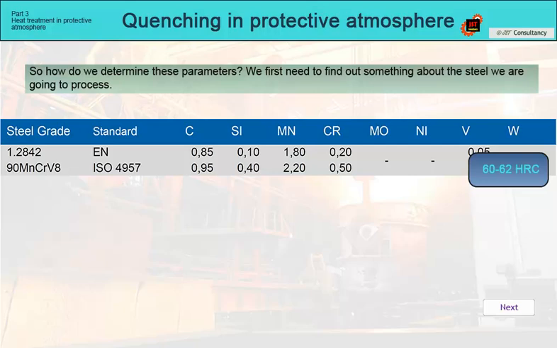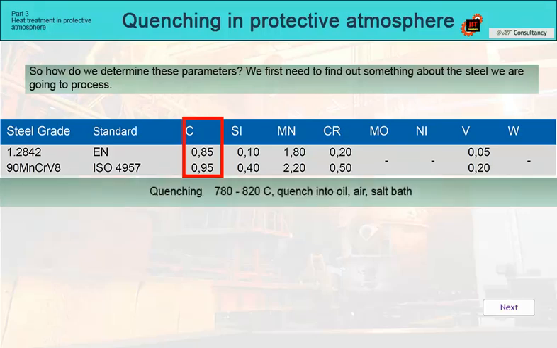Since the working atmosphere in the furnace is endo, we must first find out the carbon content and the recommended austenitization temperature. From the chemical composition, we can read that the carbon content is 0.85 to 0.95%. We therefore need an atmosphere with a carbon potential of approximately 0.9%.